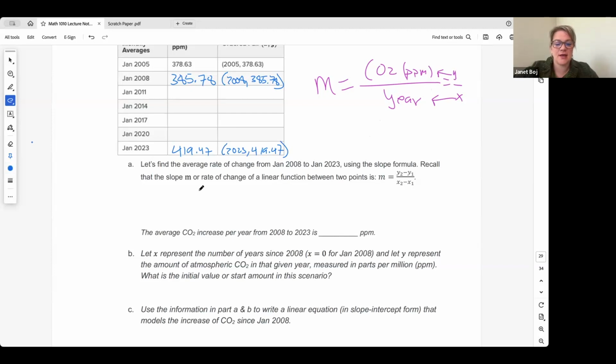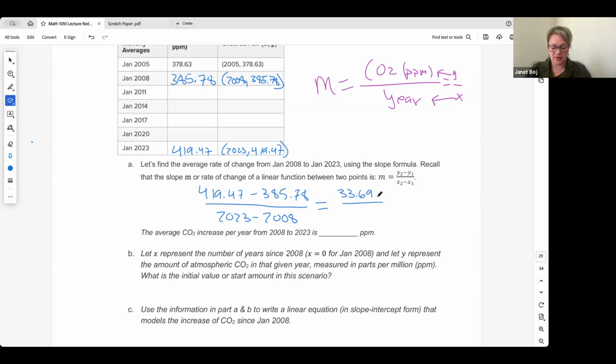So let's take the change in y. We'll take 419.47 and subtract 385.78. Then we'll divide that by 2023 minus 2008. Then you get your calculator out. 419.47 minus 385.78 is 33.69.